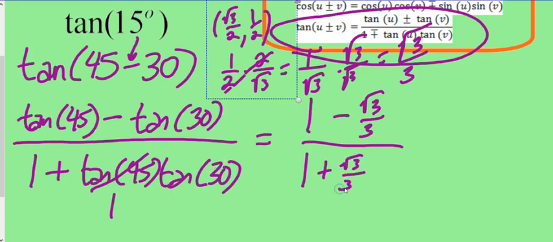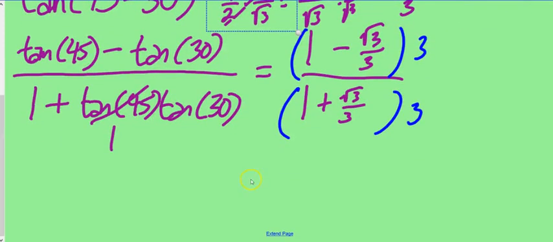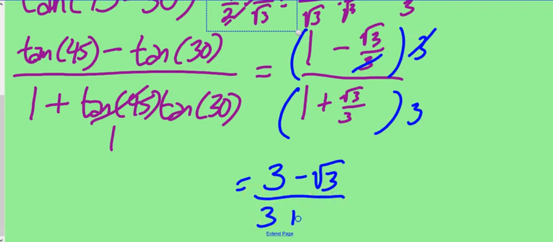Now, we're dealing with these fractions on top and bottom, so let's make them not fractions anymore. To do that, we multiply the top and bottom by 3, the reciprocal of 1/3, and just distribute the 3 through. So we'll have 3 minus the square root of 3, because these 3's cancel each other, and we'll have 3 plus the square root of 3.